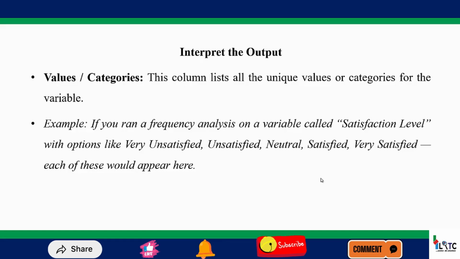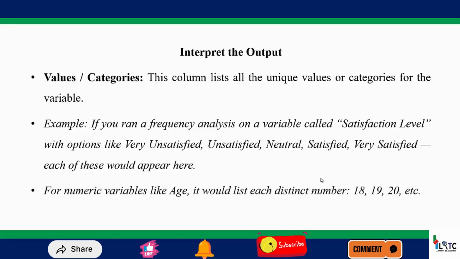So when you have your results under value or categories, you will see very unsatisfied, unsatisfied, neutral, satisfied, very satisfied, and also if there is any other one, you will see everything there. So you will be able to quickly identify how many respondents selected very unsatisfied, satisfied, unsatisfied, and so on and so forth.